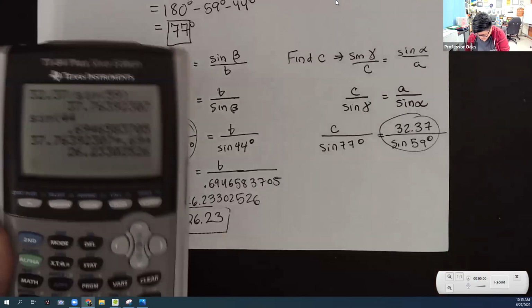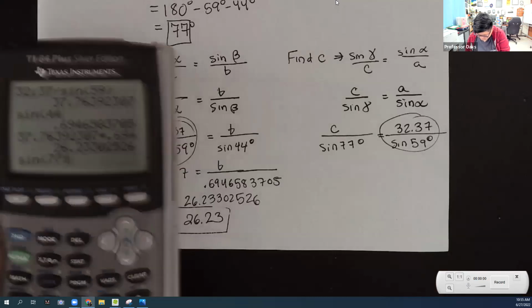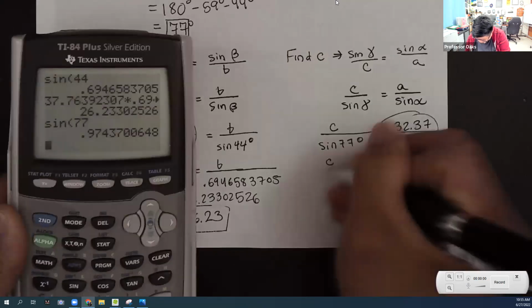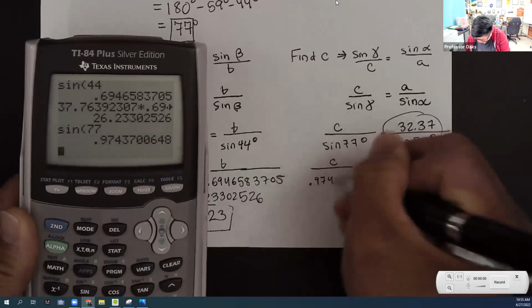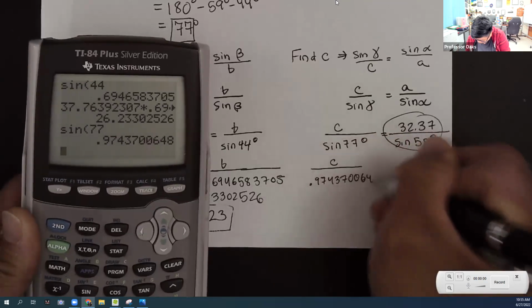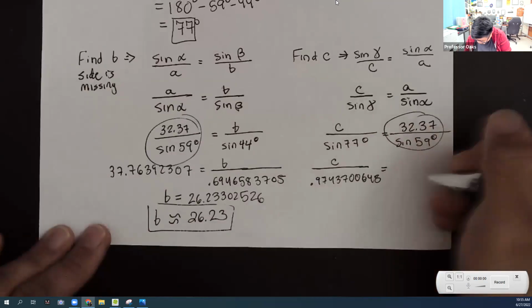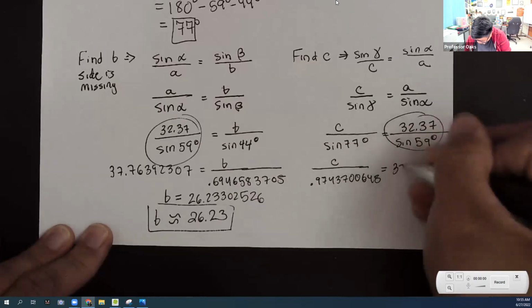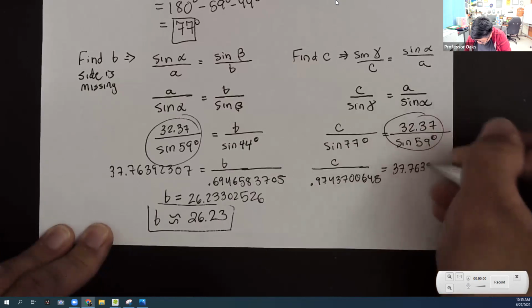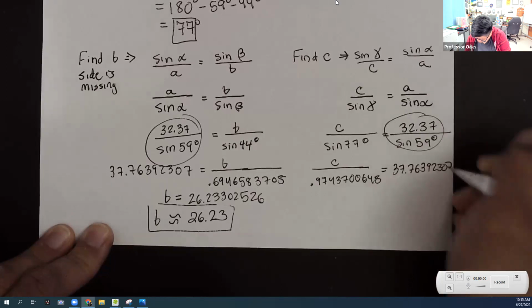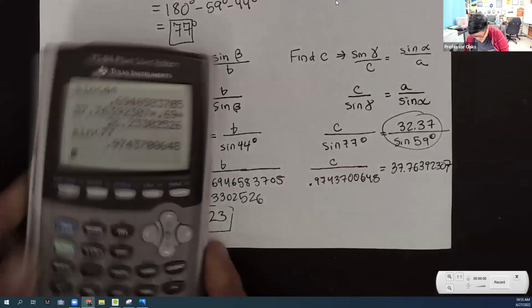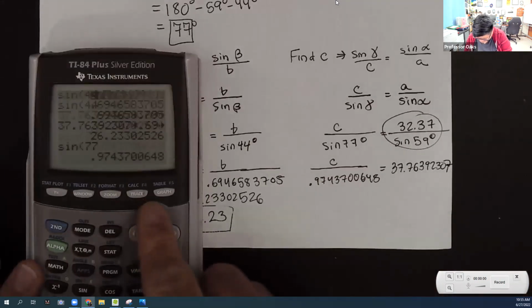So with sine of 77, you get C over 0.97437000648 is equal to 37.76392307. Then multiply those two numbers together.